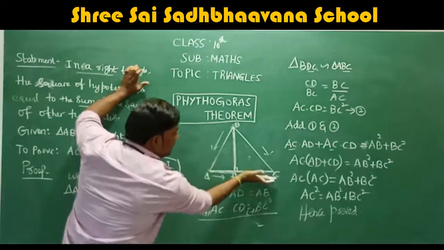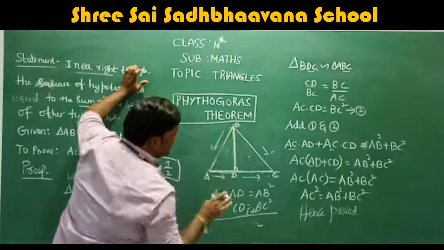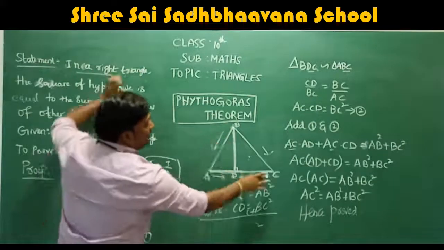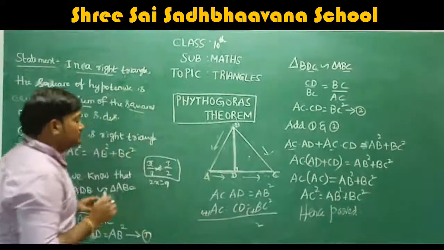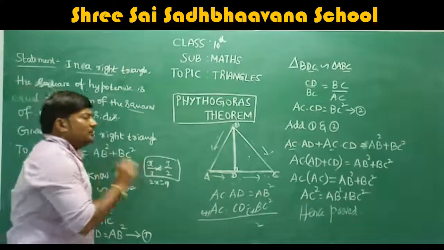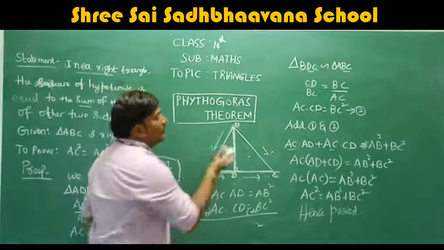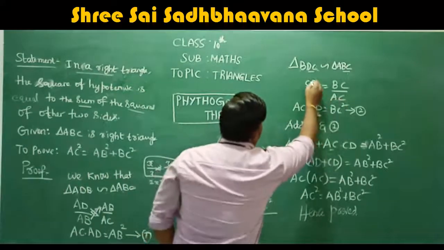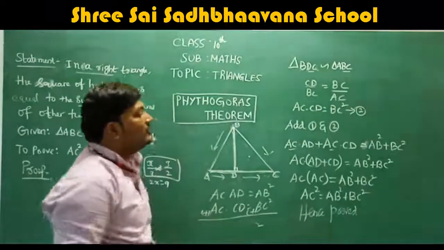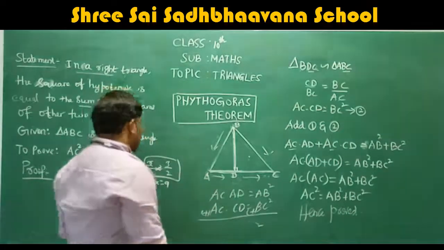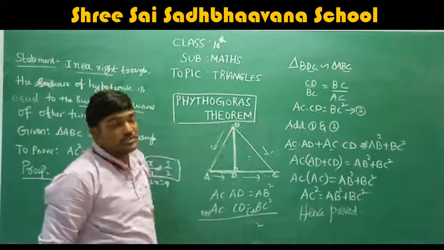AD, AB, CD, BC. Just remember AD by AB, CD by BC. So that's the reason we are taking only those two sides. Now just use cross multiplication. AC into CD is equal to BC into BC, which is AC into CD is equal to BC square. This you take as equation 2.